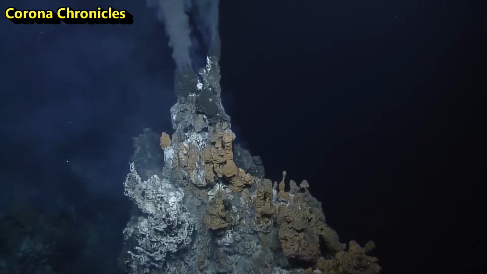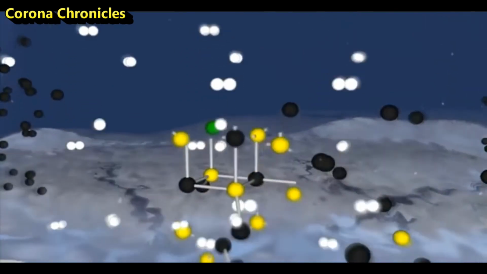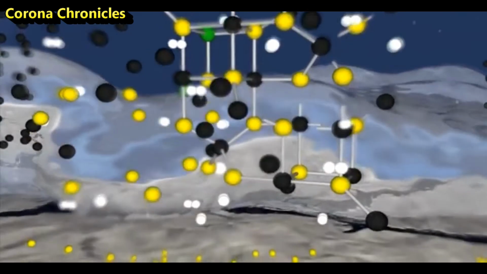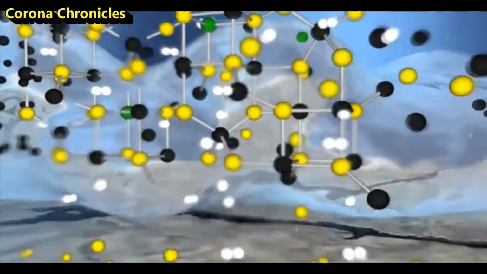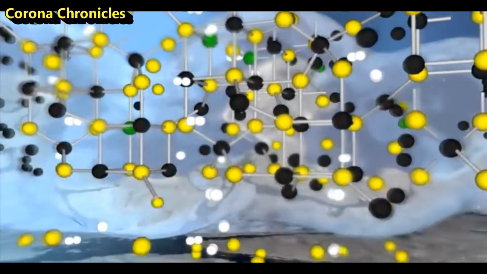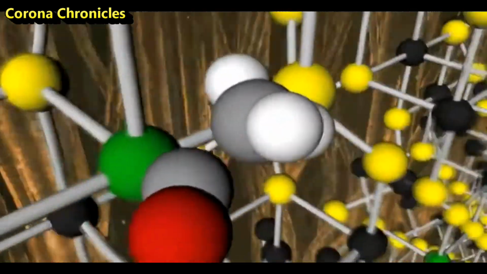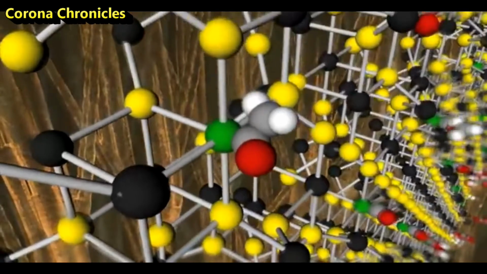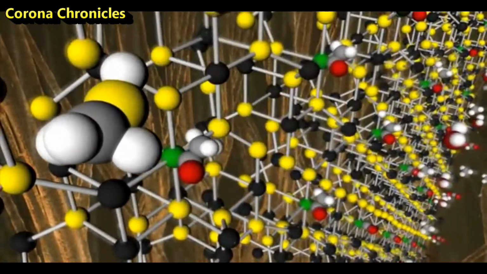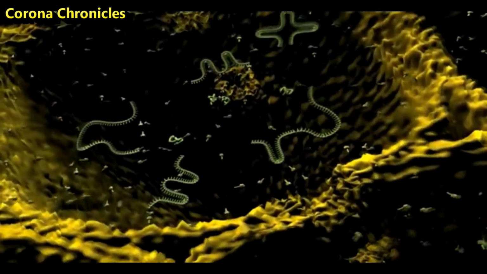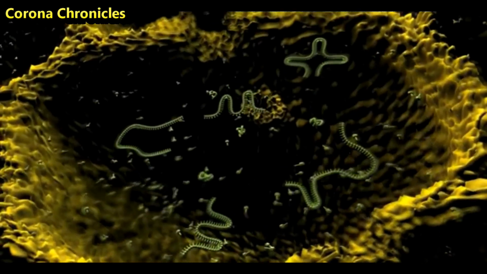Under those conditions, simple organic molecules such as amino acids formed, which eventually assembled into stable and large molecules such as nucleotides. Some of these nucleotides joined to make a long, complex and stable molecule called RNA, ribonucleic acid.